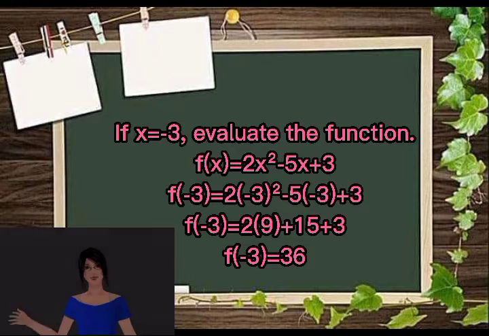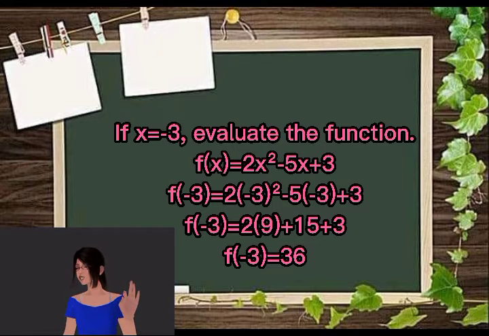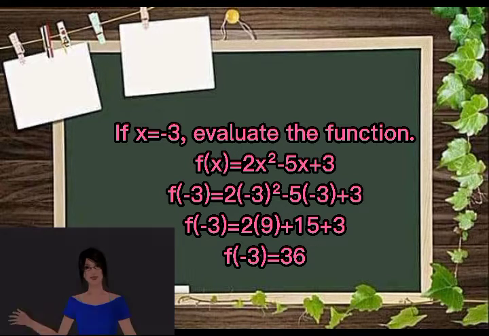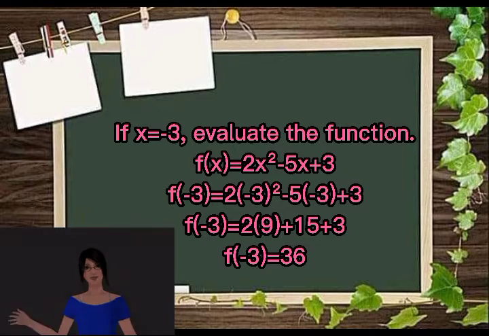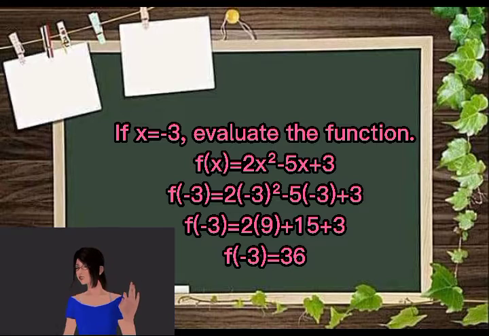We will just substitute negative 3 for our x, and that will become f of negative 3 is equal to 2 times negative 3 squared minus 5 times negative 3 plus 3. And that will be equal to 2 times 9 plus 15 plus 3. And so, f of negative 3 is equal to 36.